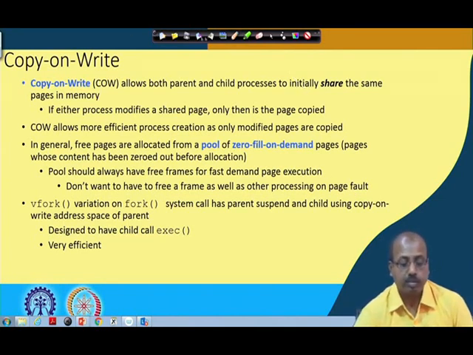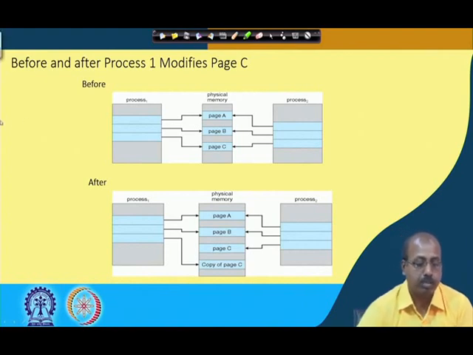Next we see how this can be utilized. Suppose, before process 1 modifies page C, process 1 and process 2 were sharing page A, page B and page C. Their page tables are pointing to the same pages.